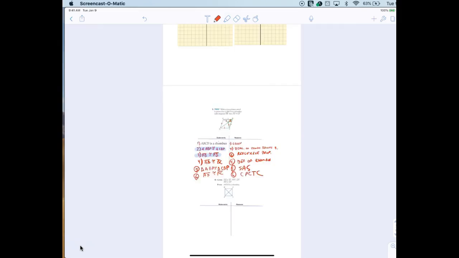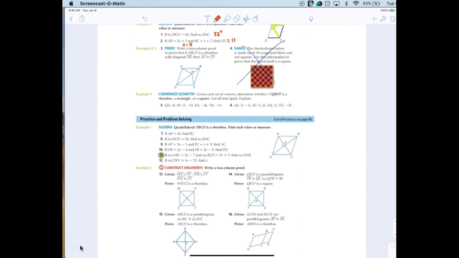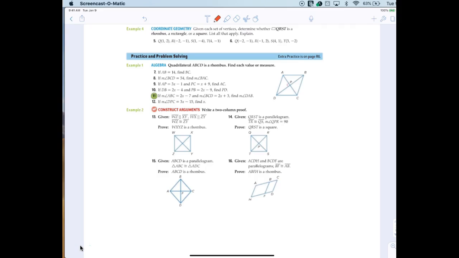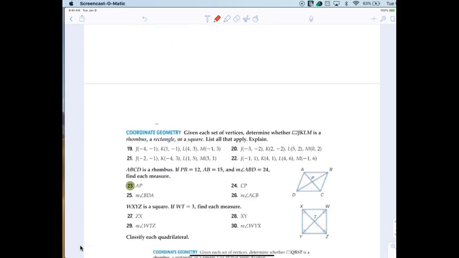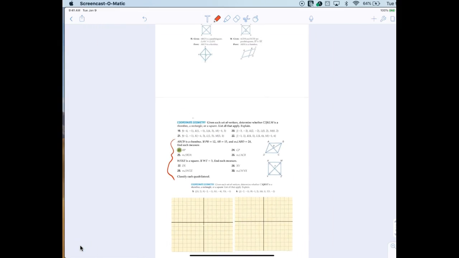How much time do we have? Okay, so here's what I want you to do. I think these are easy. All right, and tomorrow I'll do the proofs with you and we'll classify them. Does everybody agree?